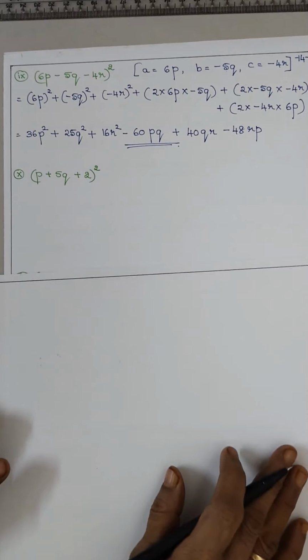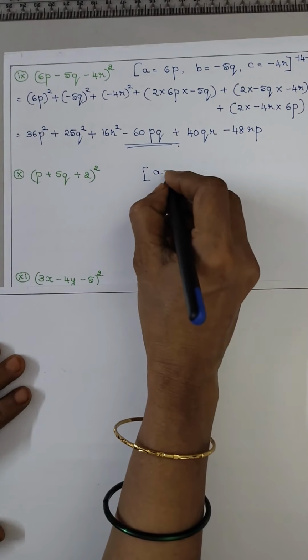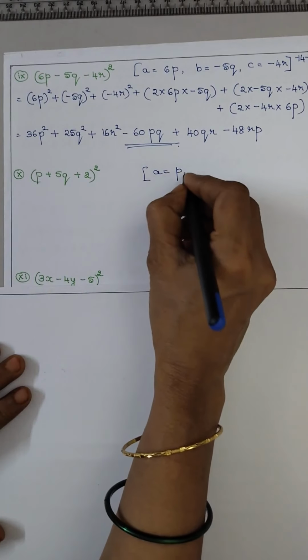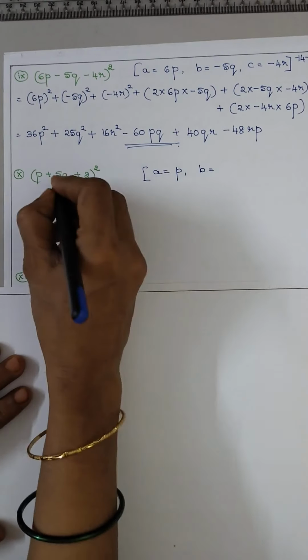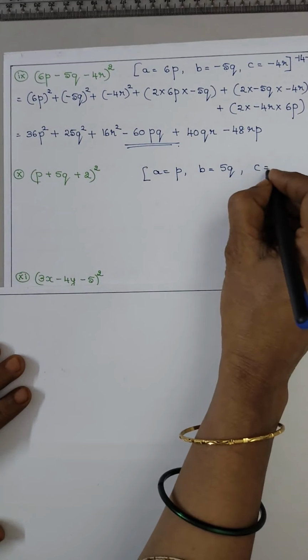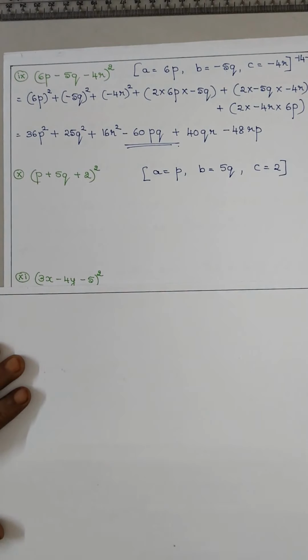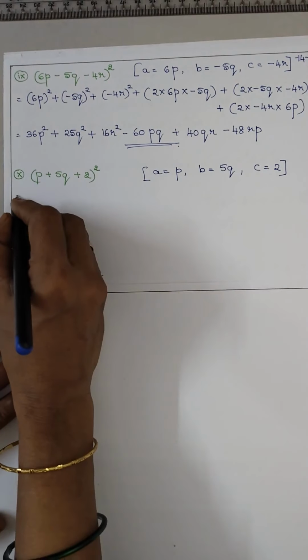Now coming to the 10th sum. It is a is equal to p, b is equal to 5q, c is equal to 2. In each sum you have to write the values, then it will be easy for you.